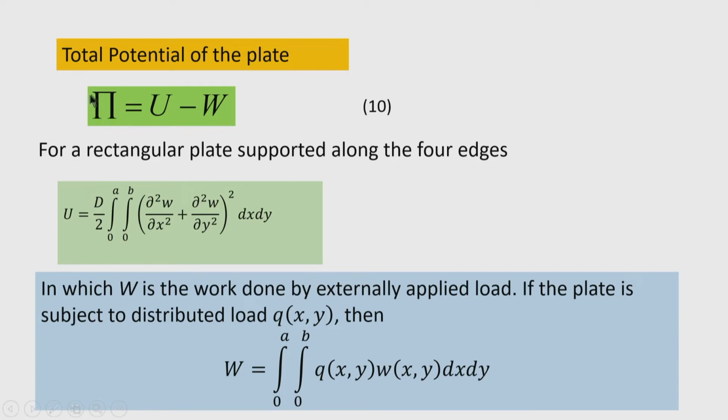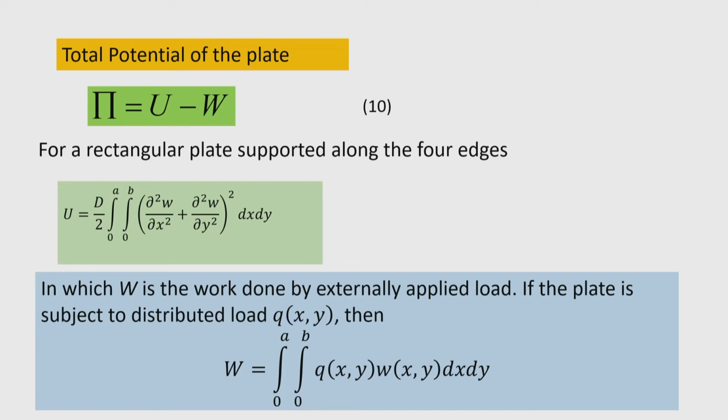So, capital pi is the symbol that is used here to denote the total potential of the plate. Okay. So, what is total potential? That is strain energy minus work done, W is the work done due to external loading. We are considering only static problem. So, the kinetic energy is not coming here, but when you consider the kinetic energy for analysis of vibration, then the total potential expression will also include the kinetic energy term.